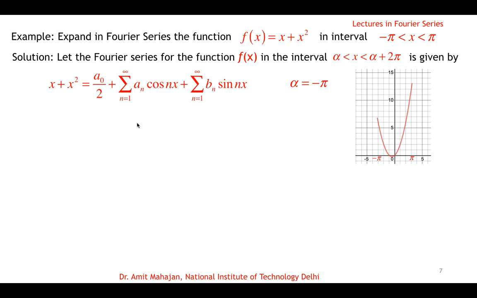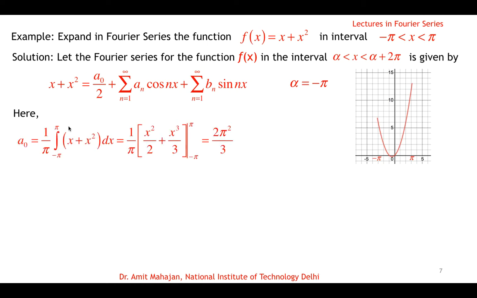To find a naught, it is simply 1 by pi integral of f(x) dx, where the limit is minus pi to pi. We simply integrate this: x integral is x square by 2, x square integration is x cube by 3. Substitute upper limit minus lower limit, and you see that the a naught value is 2 pi square by 3.